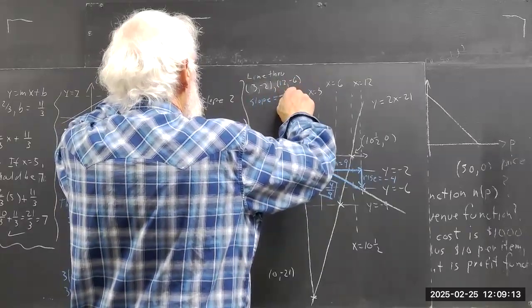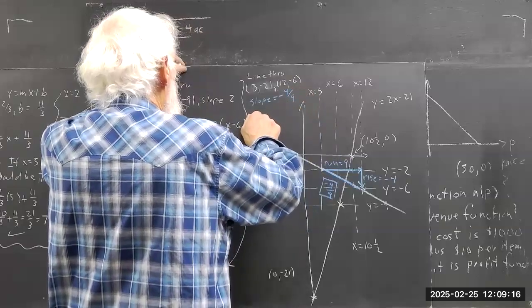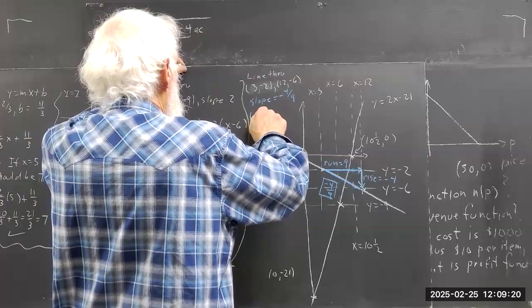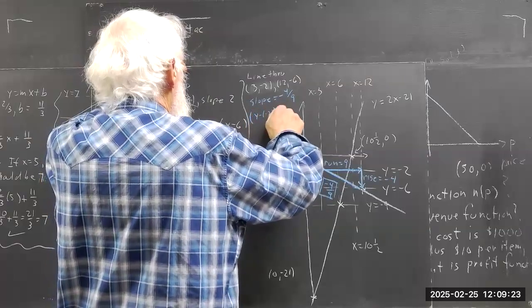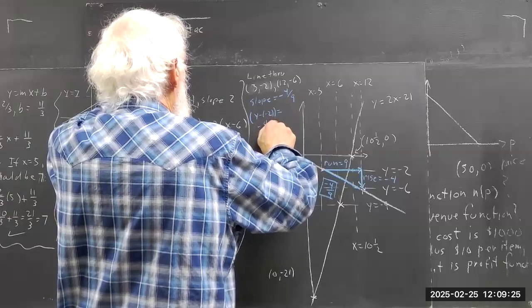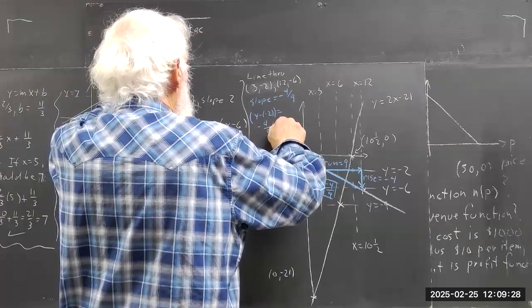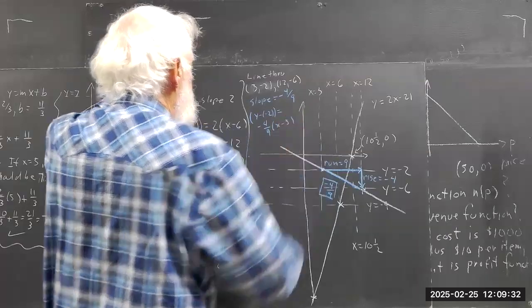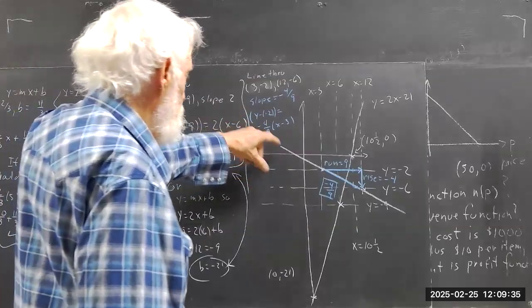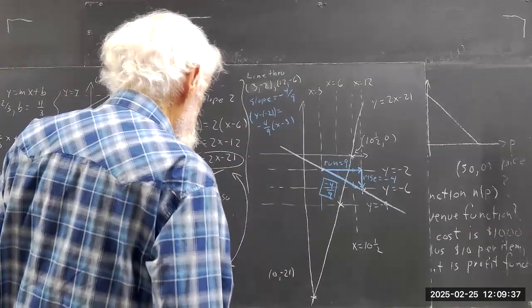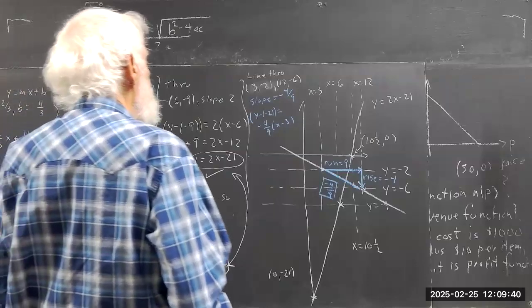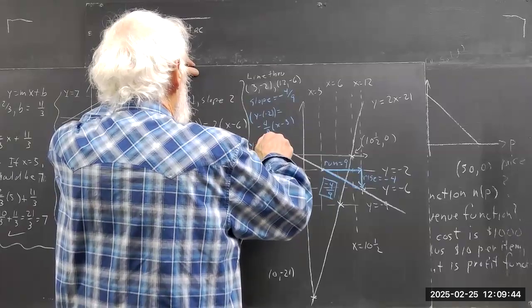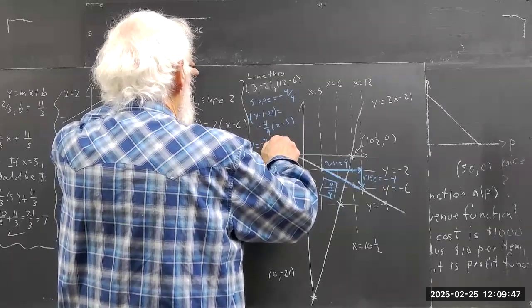Slope equals -4/9. And then we can say y minus -2 equals -4/9 times x minus 3. If I do the arithmetic, I think I get y equals -4/9 x.